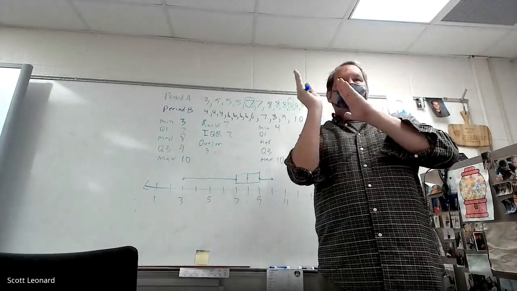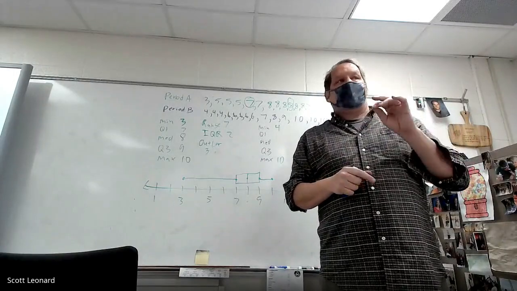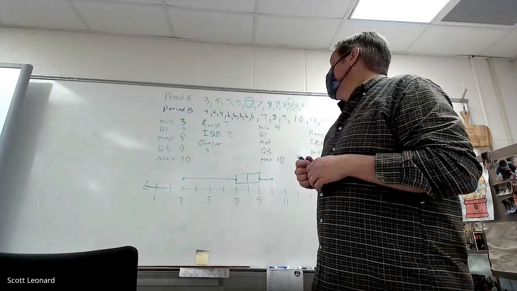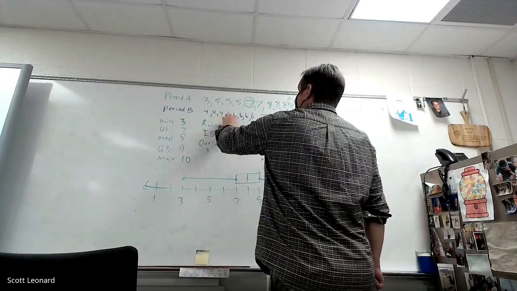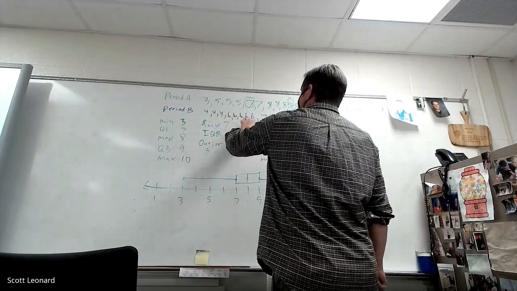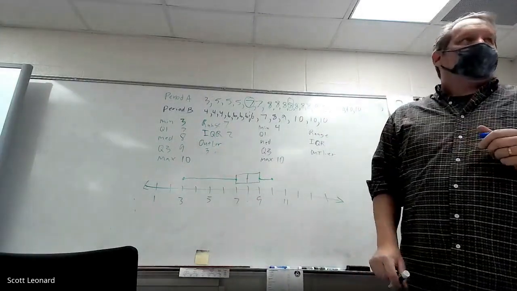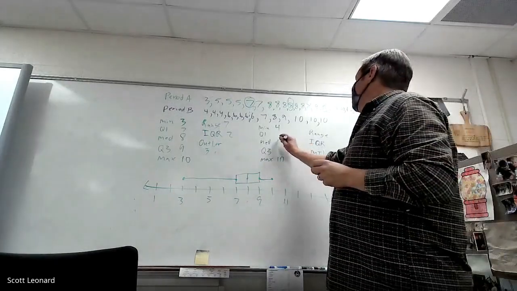The halfway point is between which two numbers? 14 divided by 2 is 7, so between 7 and 8. 1, 2, 3, 4, 5, 6, 7, and 8. What do you do if it's the same number? You just put that number, yep. So 6 is the median.